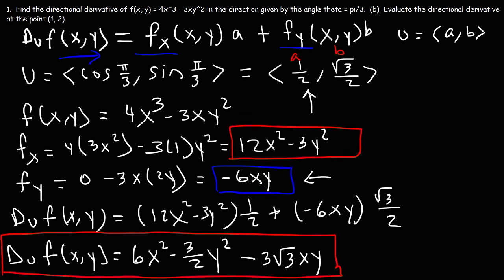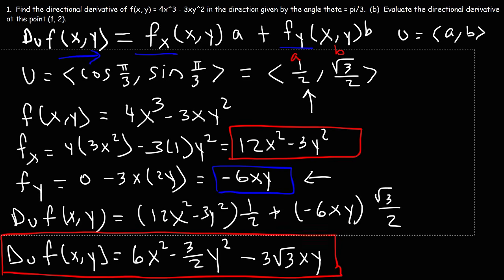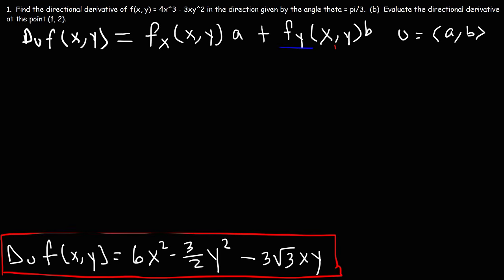Now before we go on to part B, let's get rid of a few things. So part B, evaluate the directional derivative at the point (1, 2). So let's replace x with 1, y with 2.